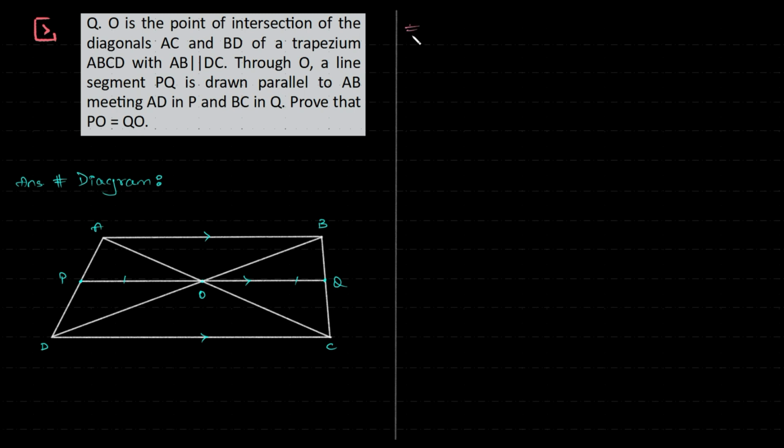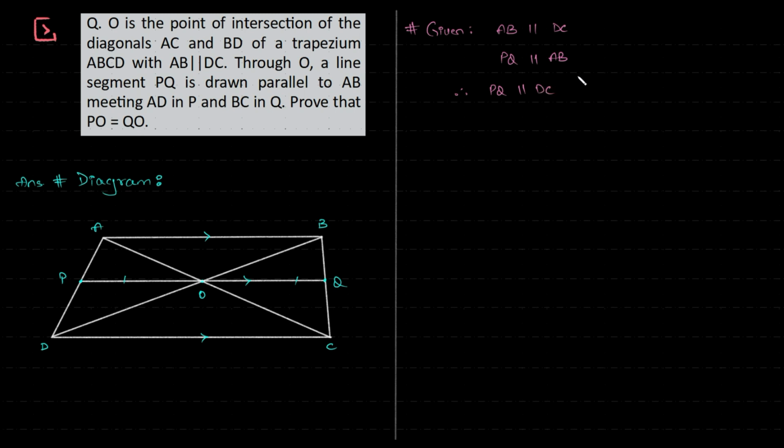Let's start off by writing the given. We have AB parallel to DC, and we have PQ parallel to AB. Therefore, PQ is parallel to DC.